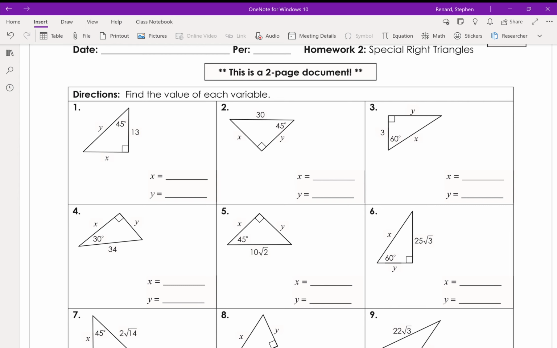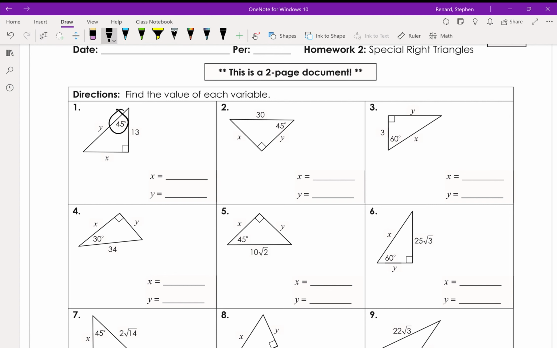So, number one, we see right there that this is 45 degrees, so it's a 45-45-90. What we want to do is look at it and ask, do we have a leg or the hypotenuse? If you're not sure which is which, the hypotenuse is always the one directly across from the 90-degree angle.